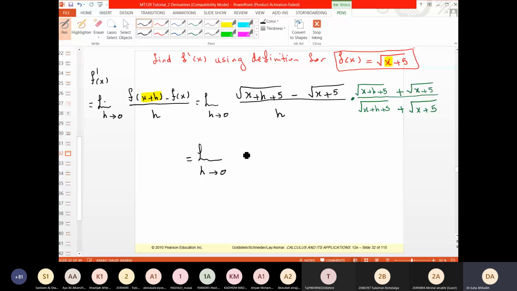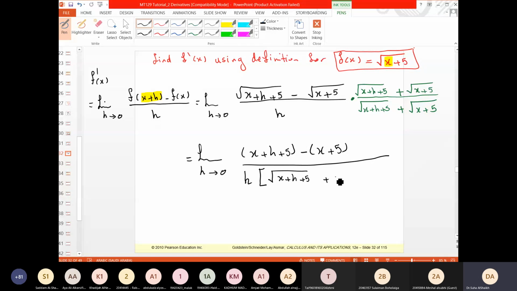So I will have x plus h plus 5 minus x plus 5, all divided by h. I open a square bracket and I have the root of x plus h plus 5 and here the root of x plus 5.